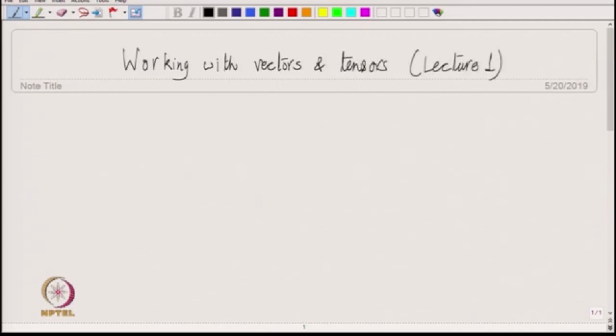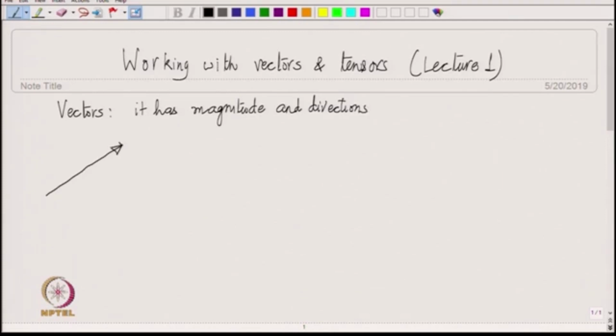All right. So, start with vectors. We all have learnt about vectors in our schools. We say that a vector is something which has magnitude and direction, right. So, it could be something like an arrow with a pointer.